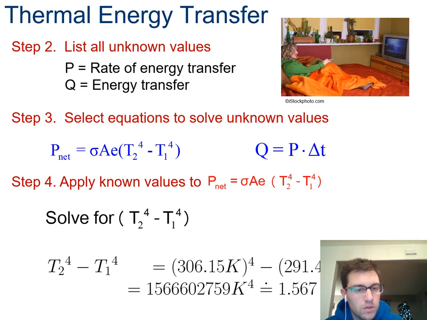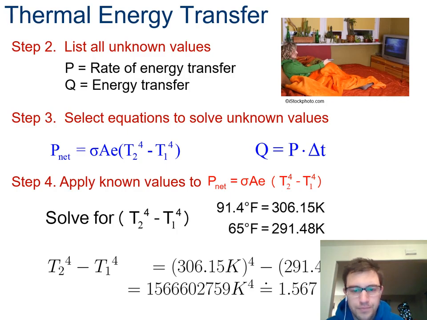They're going to start by solving for T to the fourth minus T to the fourth. They converted our 65 and 91.4 to Kelvin directly.